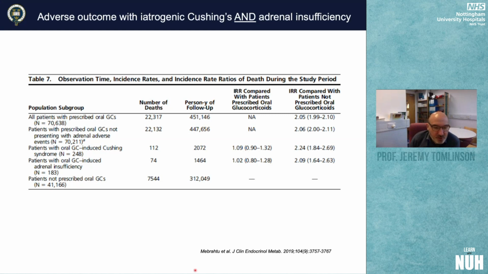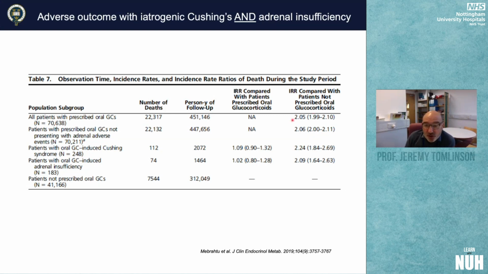So this was done by Paul Stewart and his team in Leeds, and it used a CPRD, so a primary care database, and it identified 70,000 patients who were prescribed oral glucocorticoids, and it stratified those to those who had either evidence of adrenal insufficiency or patients that had evidence of glucocorticoid excess. And if you really cut to the quick, if you look at the IRR, that's the incidence rate ratio of death effectively, you can see that in the far right-hand panel here.